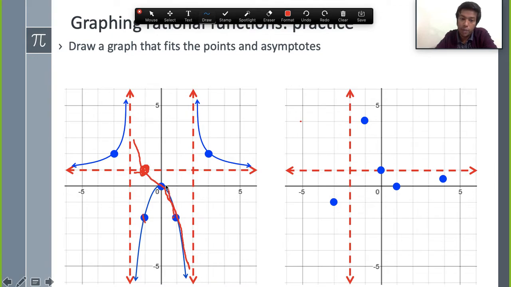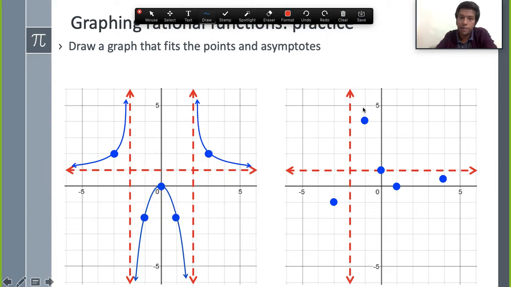That means we will have to come back here. We are not going left and right, not like this. This still satisfies the definition of a function. So no problem. And here we have only one point, so the graph must be like this. Okay, so that's why we have this shape of the graph.